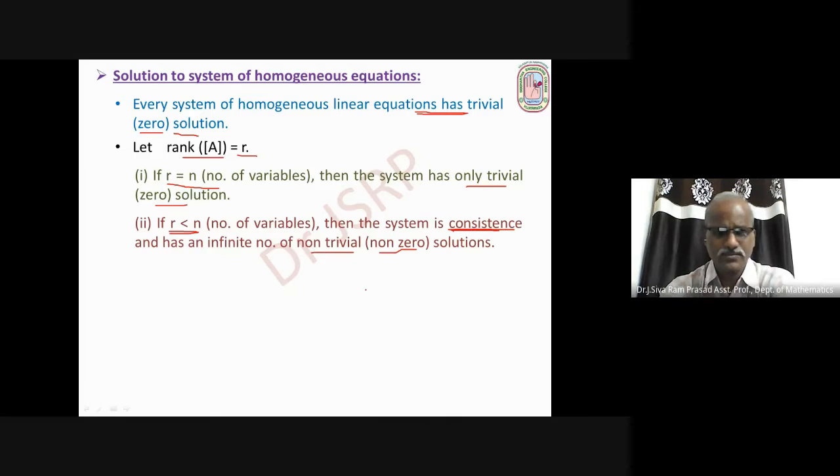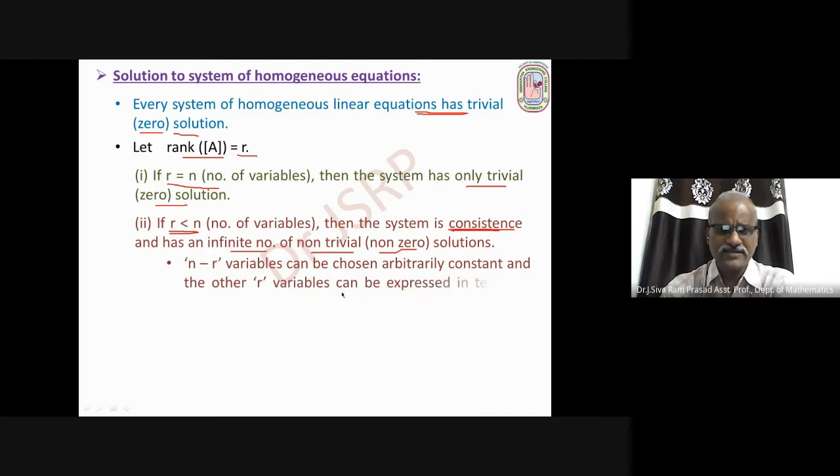Okay, how do you find these infinite number of non-trivial solutions? Similar to non-homogeneous equations, first we find the number of variables to be chosen as arbitrary constants, that is, n minus r. So n minus r variables can be chosen arbitrarily, and the other remaining variables can be expressed in terms of these n minus r variables.